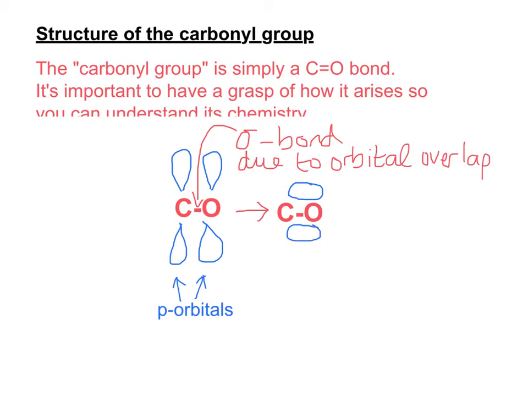Well, if we go right back to before they actually overlapped on the left hand side, you can draw a delta plus and a delta minus. These are the dipoles, partial charges. So obviously the carbon and the oxygen have an unequal distribution of electron density between them. The oxygen is more electronegative, so it's delta minus.